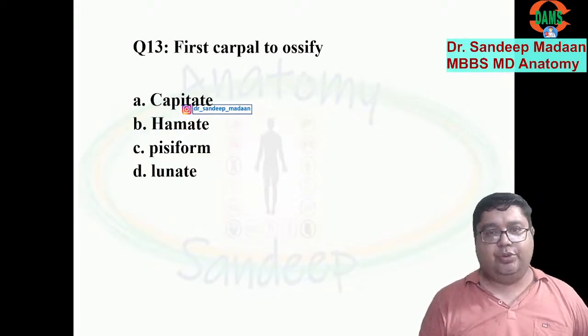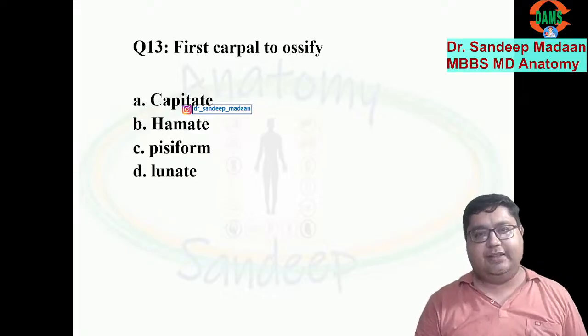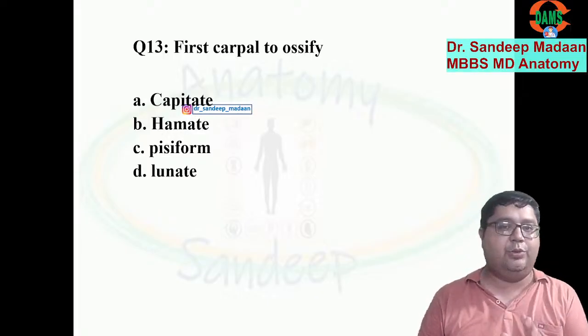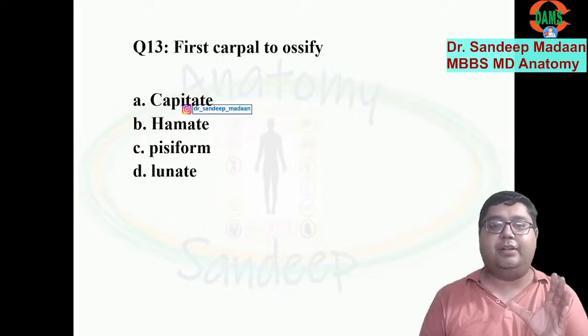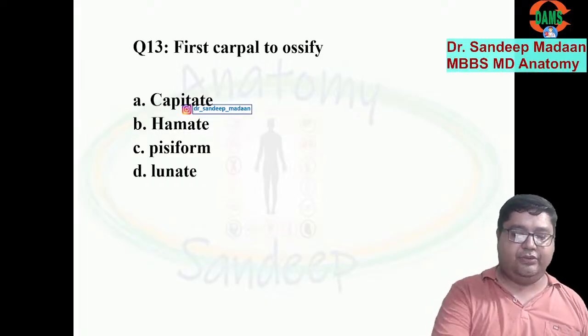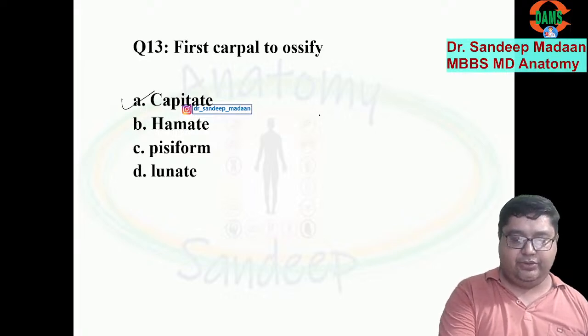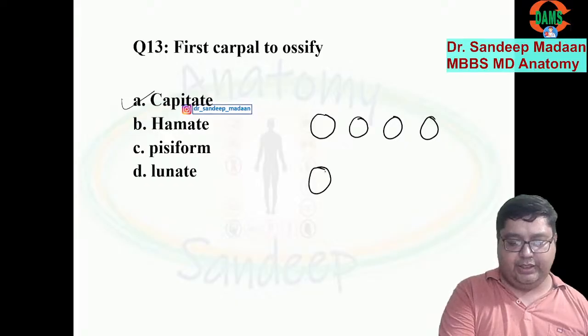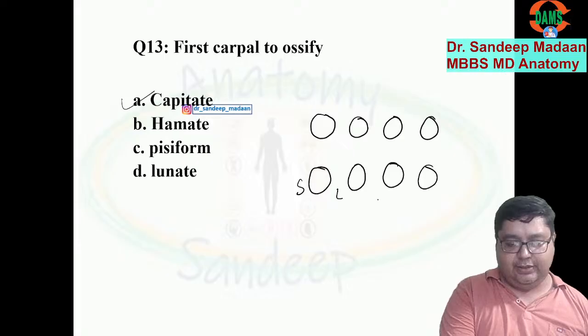First carpal bone to ossify. So I will always say, when the team enters the ground, who is the first to enter? Captain. Captain enters first. So capitate is the first to ossify. Answer is this. But if I also explain this way, we have the 8 carpal bones, and we all know the mnemonic, she looks too pretty, try to catch her.